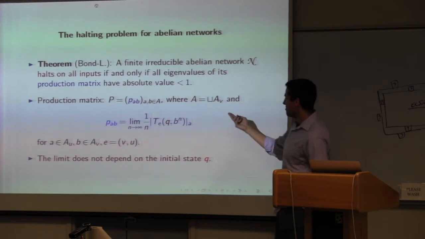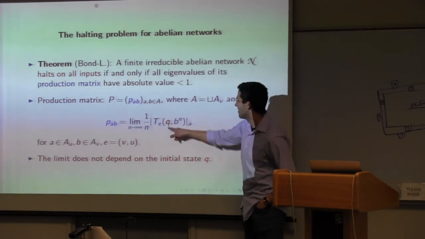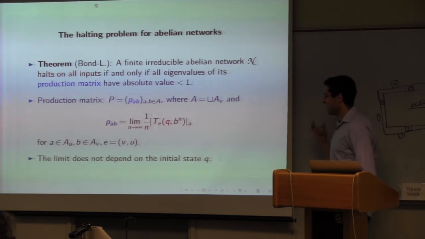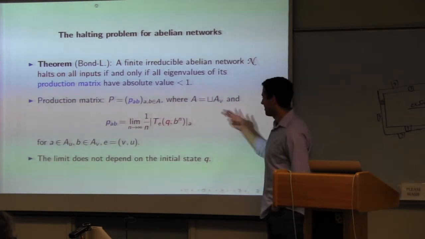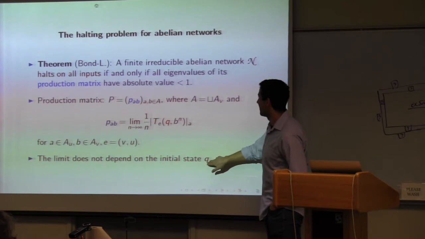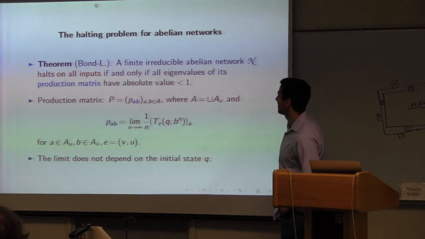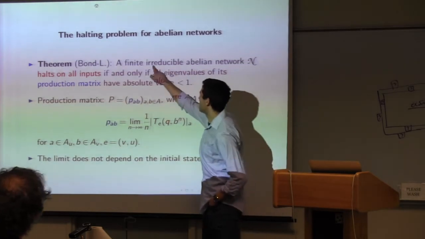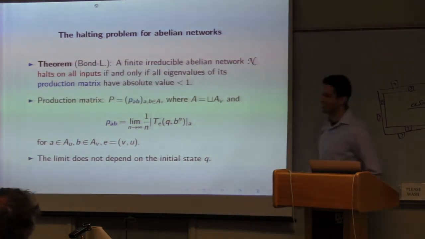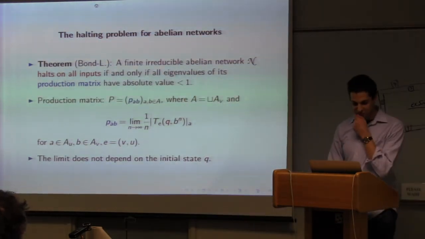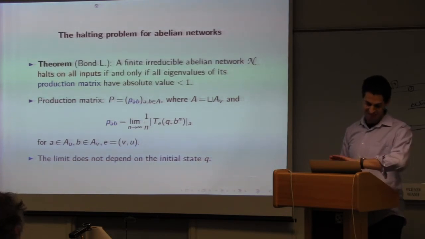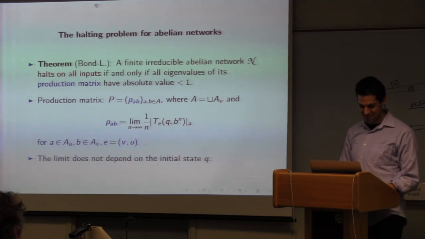Now to define this, you need to have some initial state for that processor. And a nice fact is that this limit doesn't actually depend on the initial state. That's a consequence of this word irreducible that I've included here. I haven't told you what irreducible is, but I may or may not get to it.